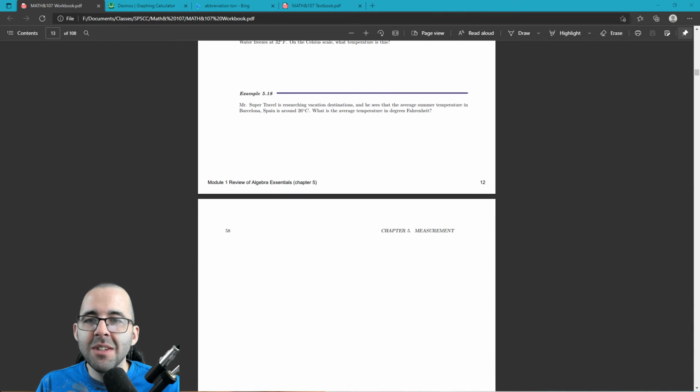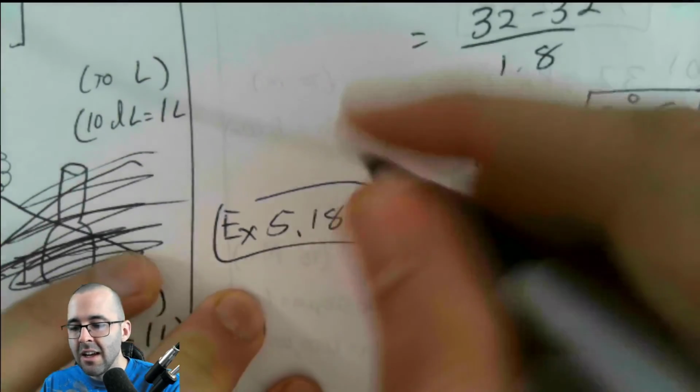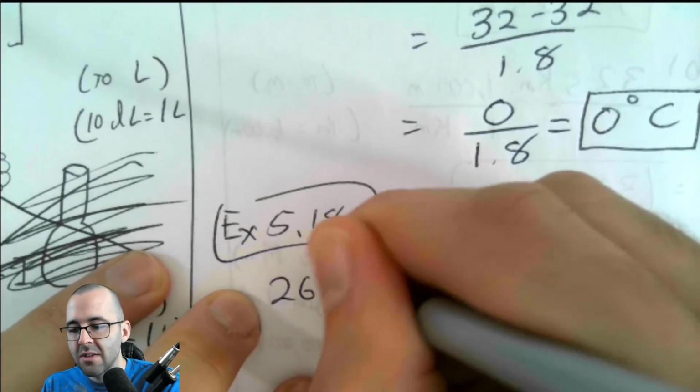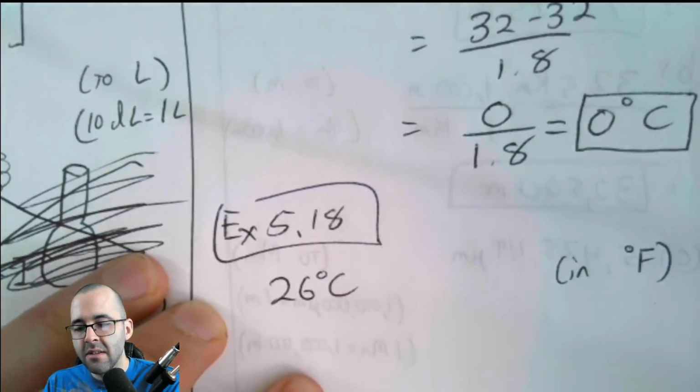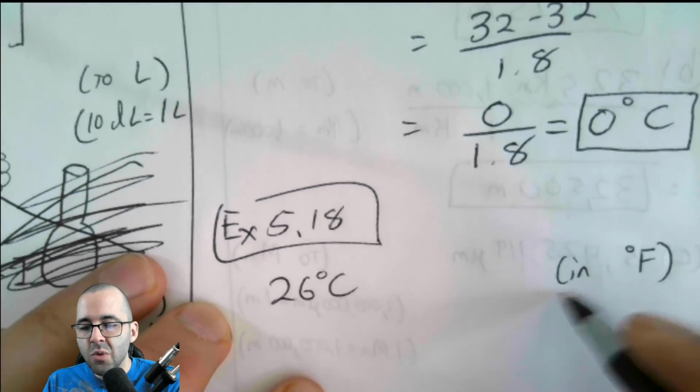Okay. Mr. Super Travel is researching vacation destinations, and he sees that the average summer temperature in Barcelona is about 26 degrees Celsius. What is the average temperature in Fahrenheit? Okay, let's look at it. The average temperature is 26 degrees Celsius, and we want to know what is that in degrees Fahrenheit. So again, this is what we want.